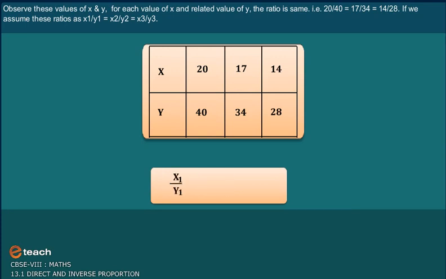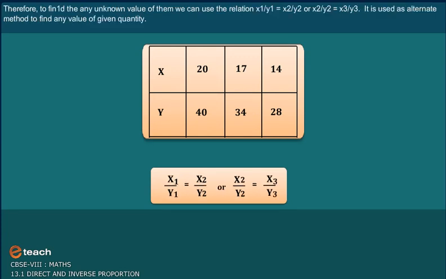If we assume these ratios as x1 by y1 equals x2 by y2 equals x3 by y3, then to find any unknown value of them, we can use the relation x1 by y1 equals x2 by y2, or x2 by y2 equals x3 by y3. It is used as an alternate method to find any value of the given quantity.